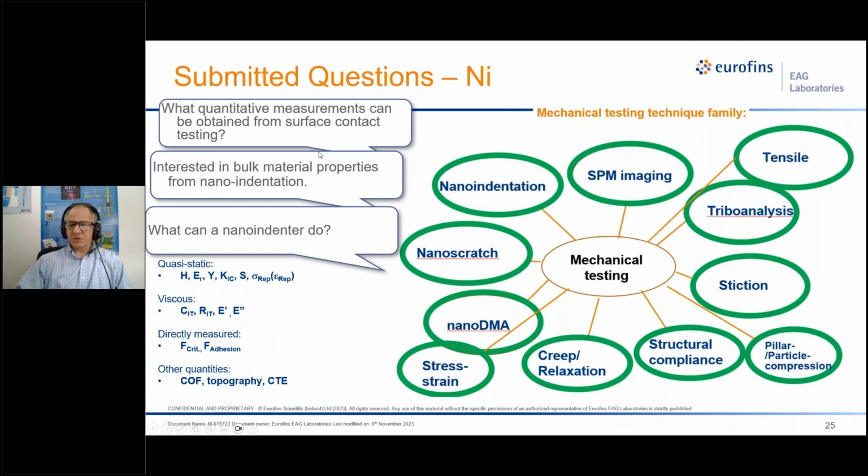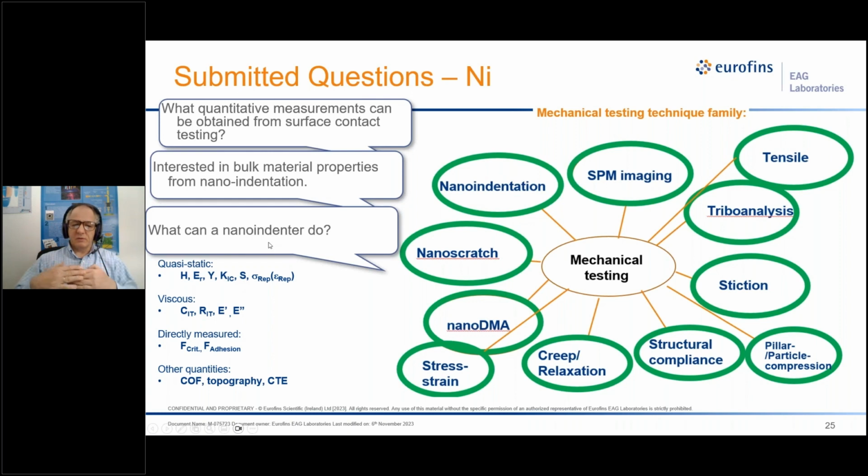Beyond nanoindentation, which is a service line that we have, it evolved into more general mechanical testing covering imaging, tensile testing, tribology analysis, compression testing, structure compliance, creep, stress relaxation, scratch, etc. And we can determine properties from that, such as Young's modulus and hardness, yield stress, fracture toughness, stiffness, and stress-strain curves.